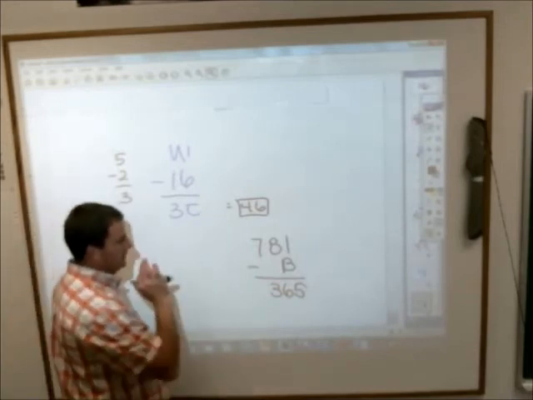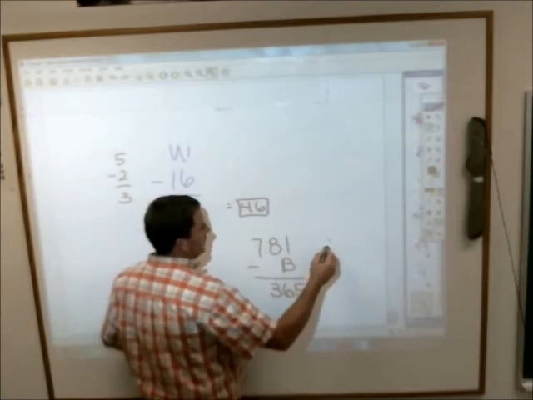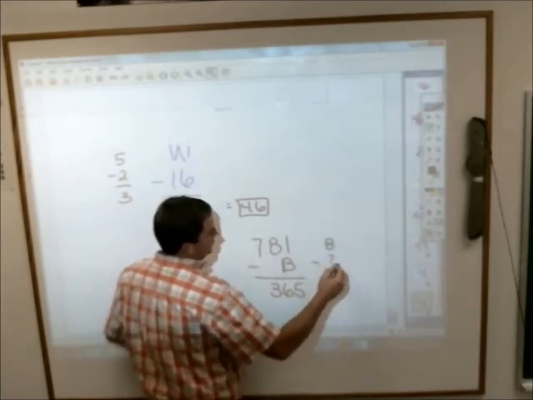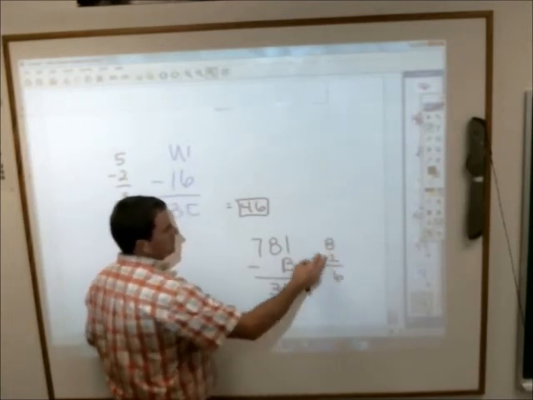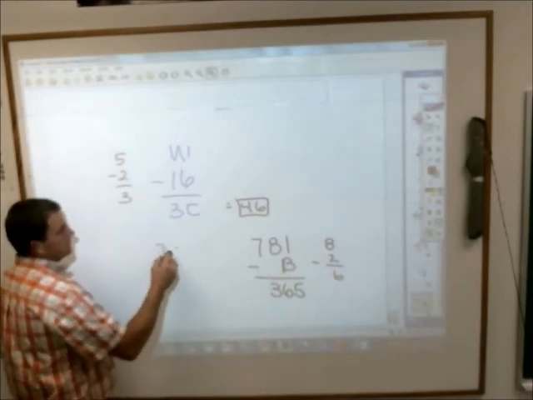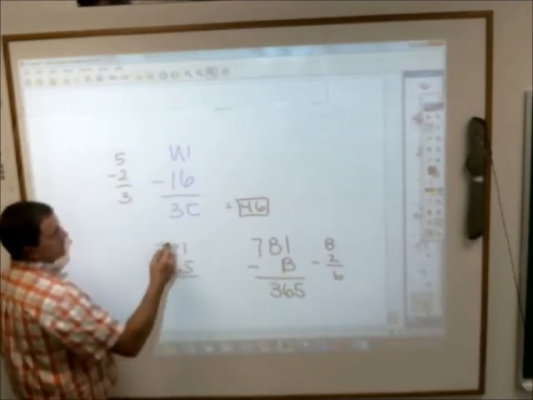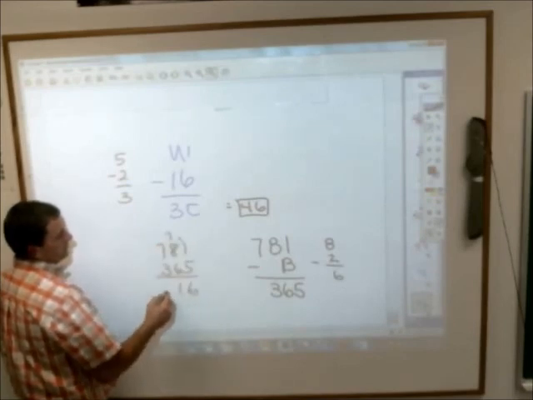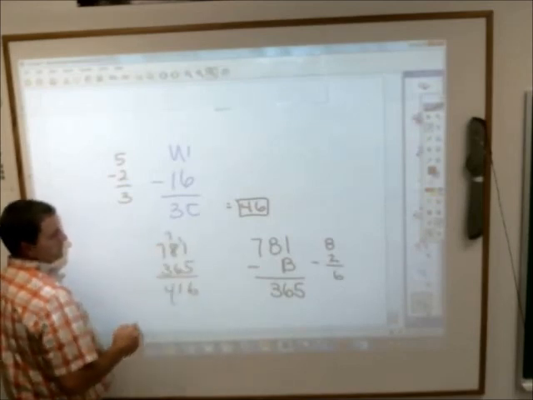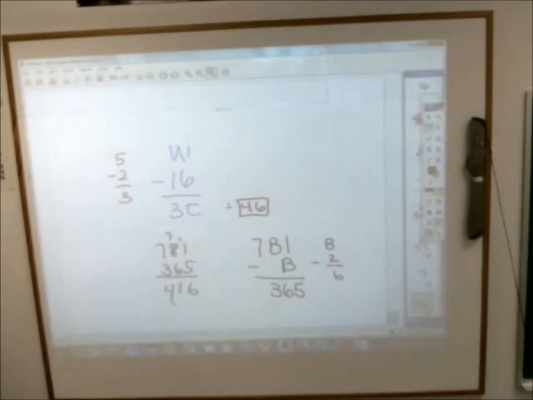Yeah, that looks about right, doesn't it? You think of an easier problem, 8 minus 2 is 6, you miss the middle, you subtract those two, so 781 minus 365 is. Does anybody get 1,000 something?